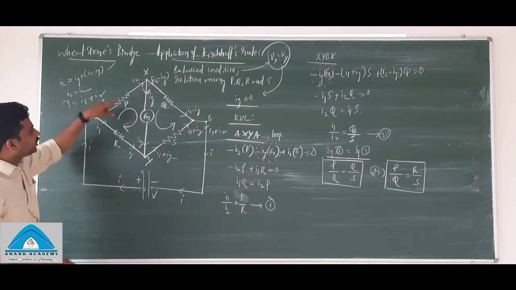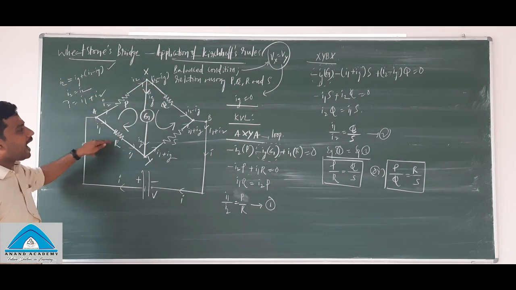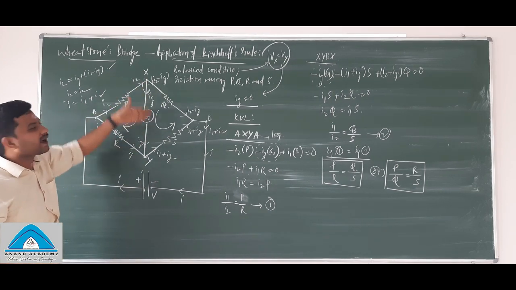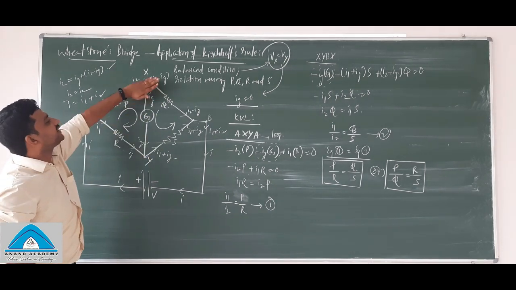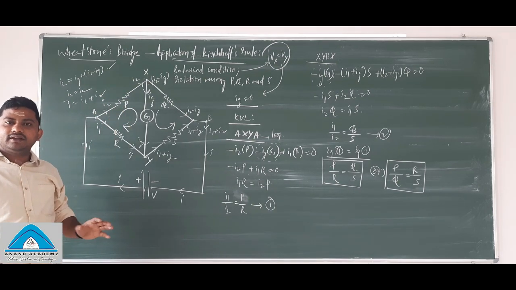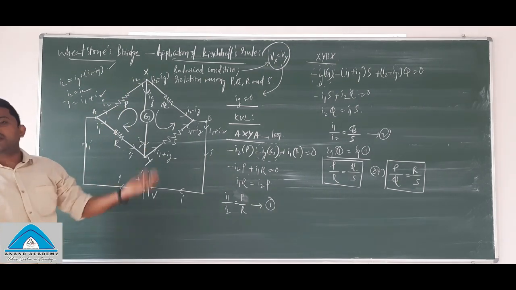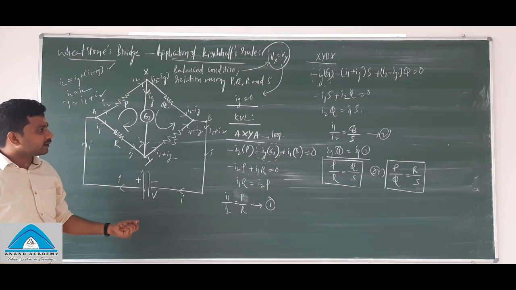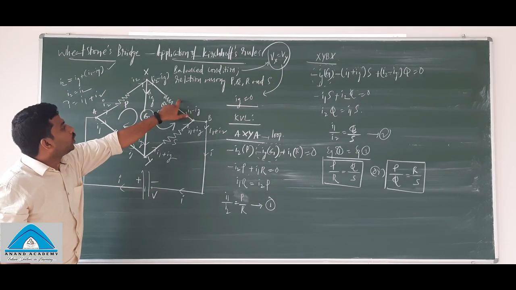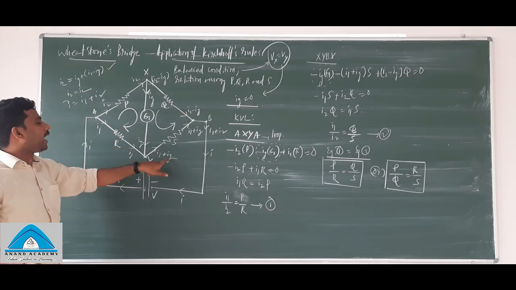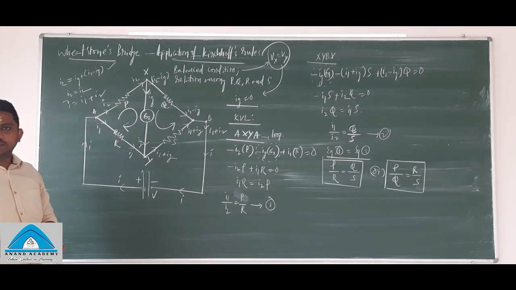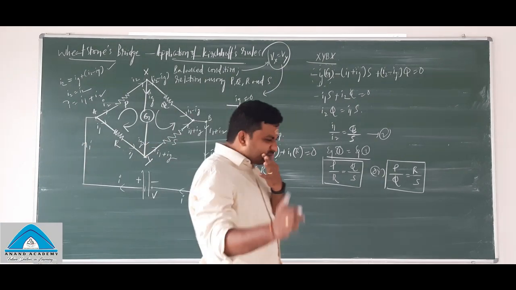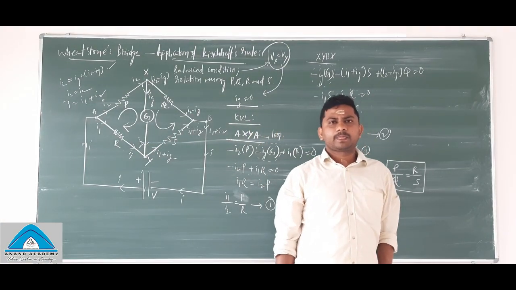So when the ratio of these two, P by R, is equal to Q by S, there won't be any current passing through it. You can eliminate this resistance, right? And find effective resistance and find total current and find the potential difference. Now, on this ratio P by Q is equal to R by S, same situation. Okay, clear? Now, one more very important thing here.